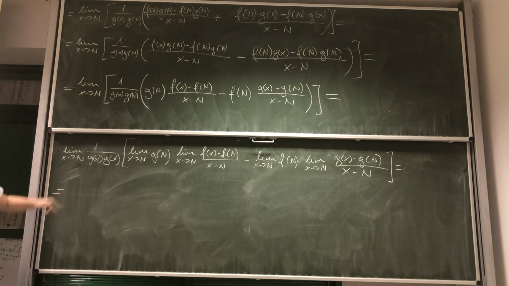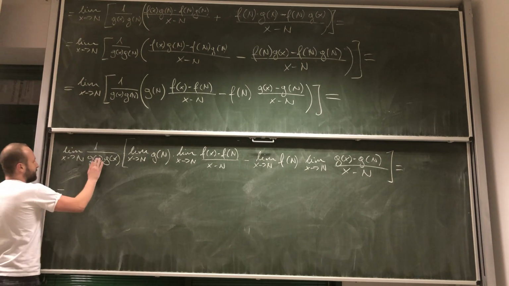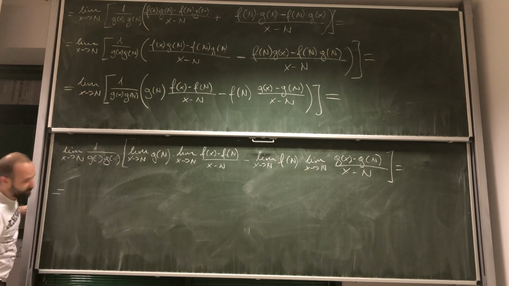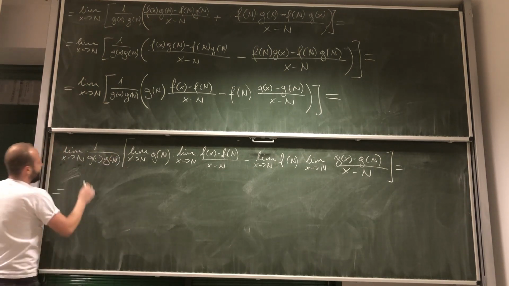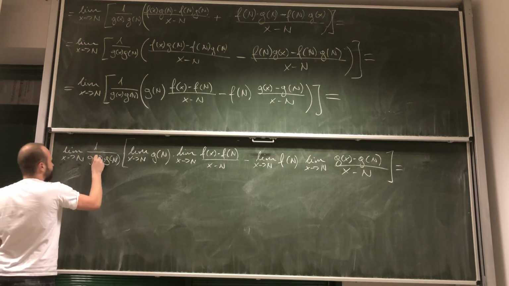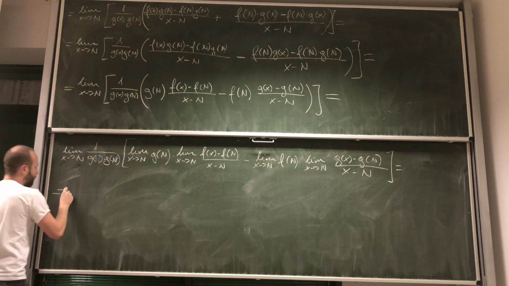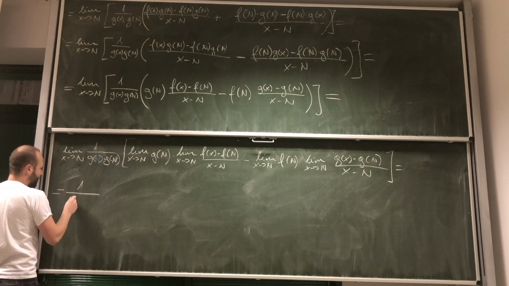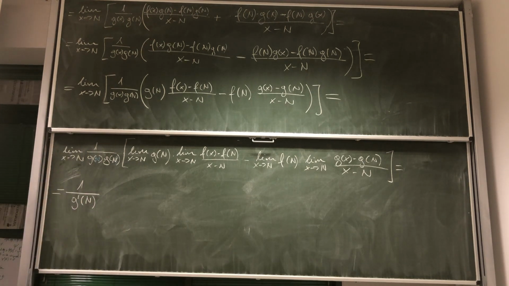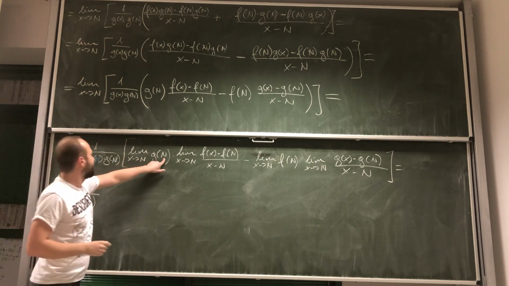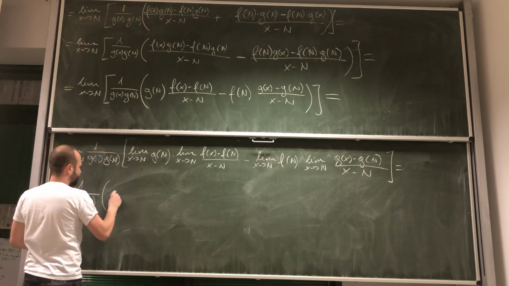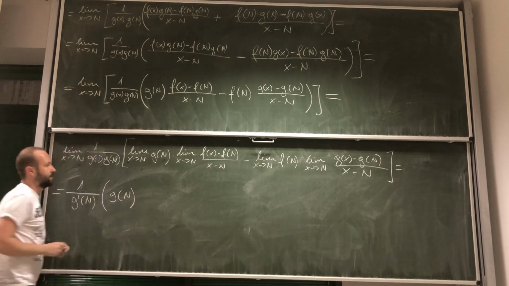As x approaches n, g(x) turns into g(n). So the first thing over here would be the expression 1 over g squared of n. Okay, here we already have g(n), so as x approaches n, we still have g(n).